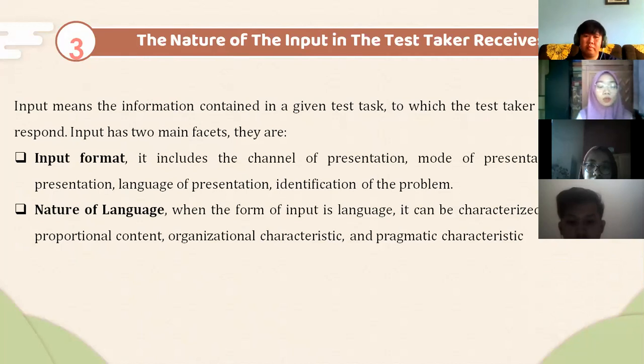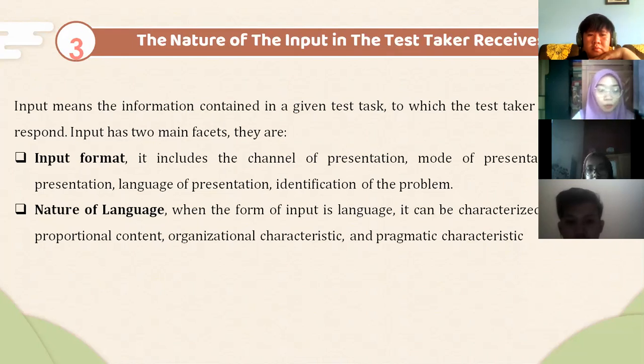The third, we are going to discuss the nature of the input the test taker receives. Okay, in this chapter, input means the information contained in a given task to which the test taker is expected to respond. Input has two main facets. They are input format and nature of language.